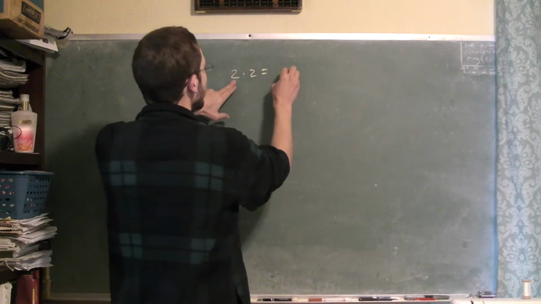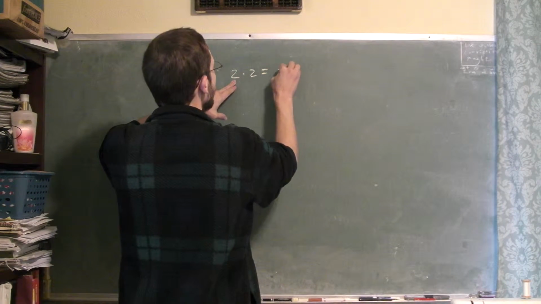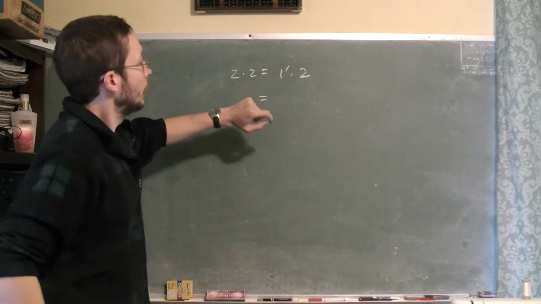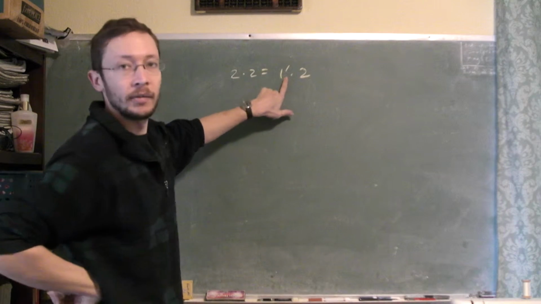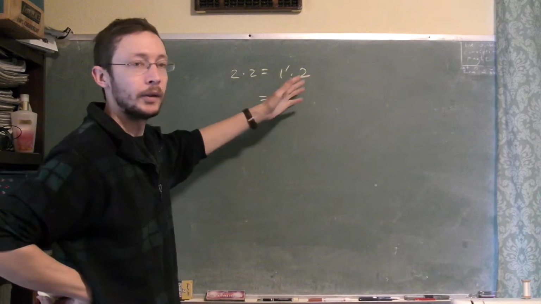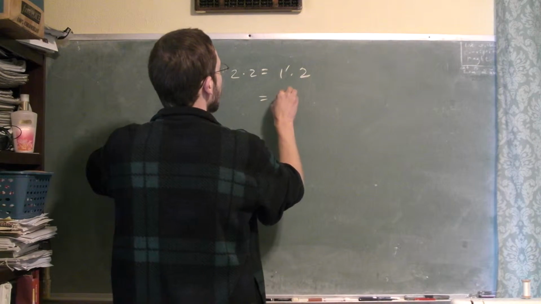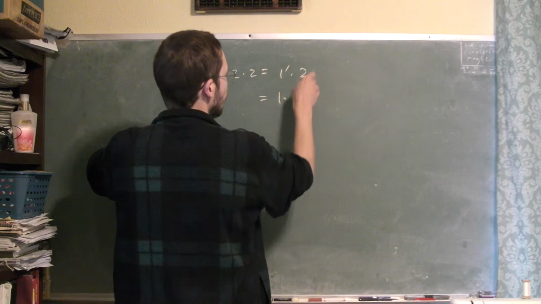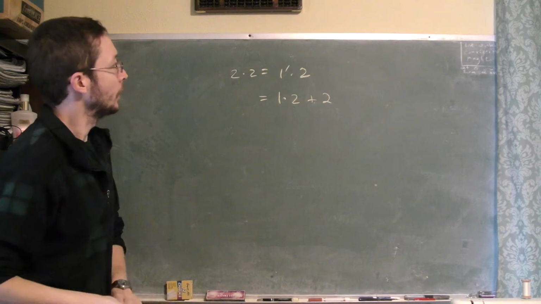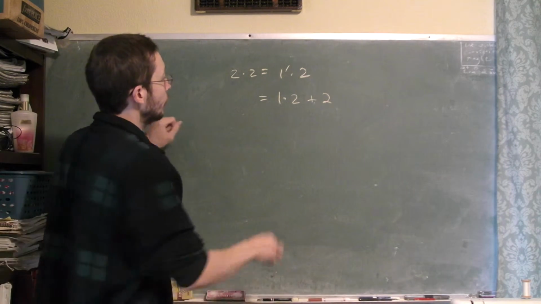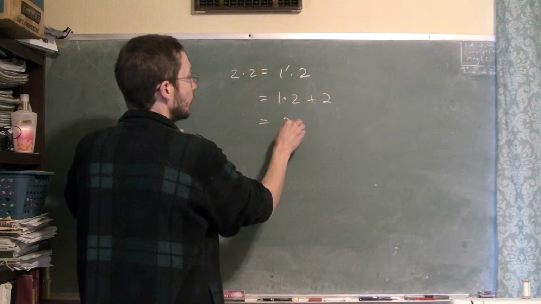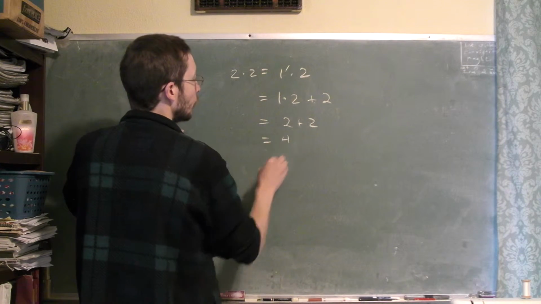So you can think of it this way. 2 is the same as 1 successor, and we know that the definition of multiplication says if you have anything successor times a number, you just rewrite it as this number, the predecessor, times this number, plus a copy of this. Okay? And 1 times 2 we know is 2, right? So we've reduced it down to where we have a known multiplication fact. 1 times 2 is guaranteed to be 2, and we know that 2 plus 2 is 4.